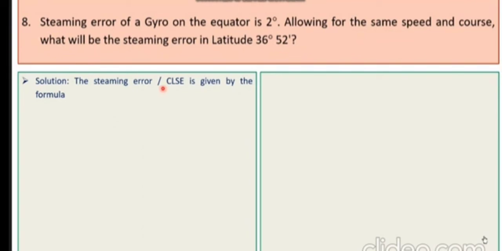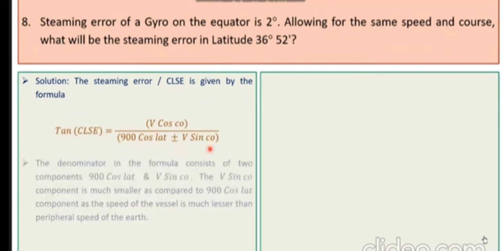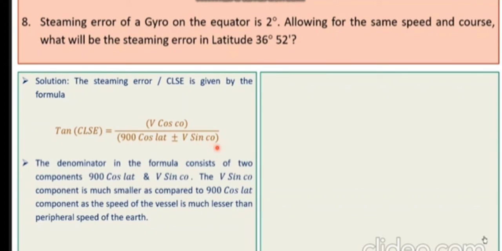The steaming error or CLSE is given by the formula tangent of CLSE is equal to V cos cos divided by 900 cos lat plus minus V sin cos. Now if you look at the denominator on the right hand side of this formula, the denominator consists of two components.